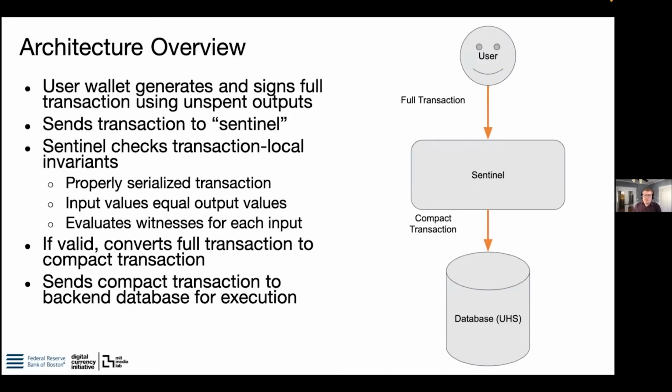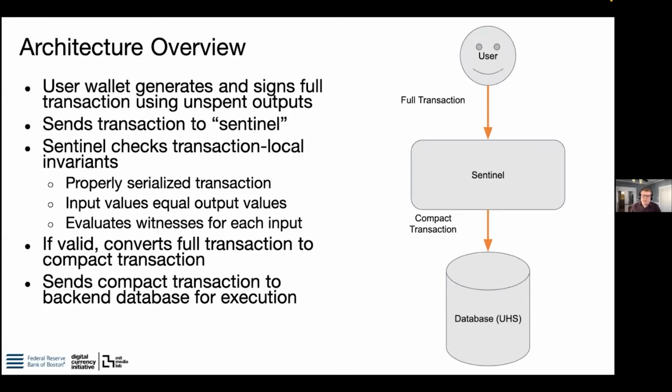So finally, we get to the overview of the architecture, and this is true of whatever backend implementation you may end up using. A user has a wallet which manages their full outputs, all the output data. They generate a transaction using unspent outputs that they have available to them. They sign the transaction, and then they send it to a component called a sentinel.